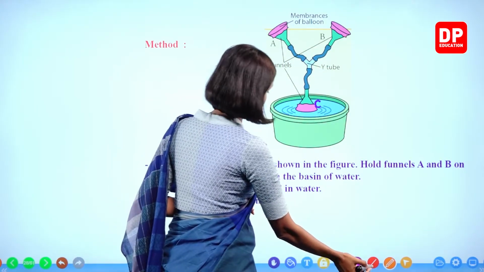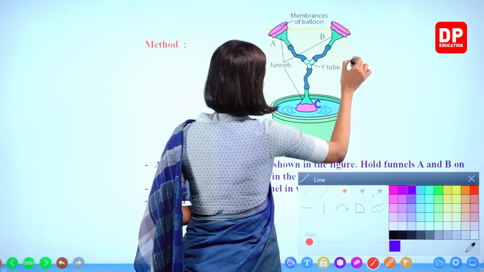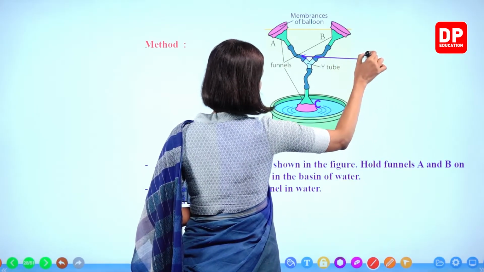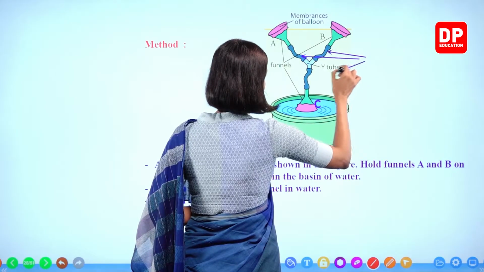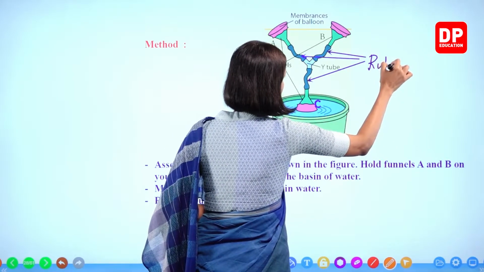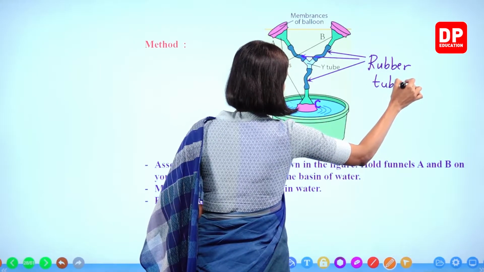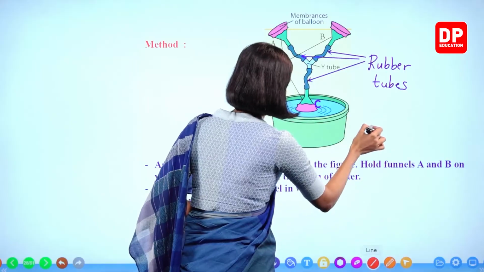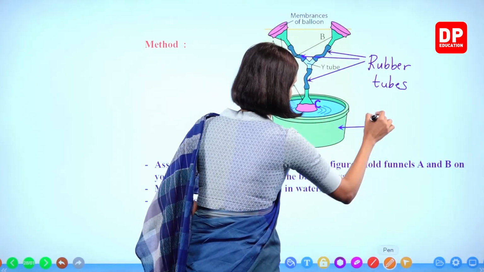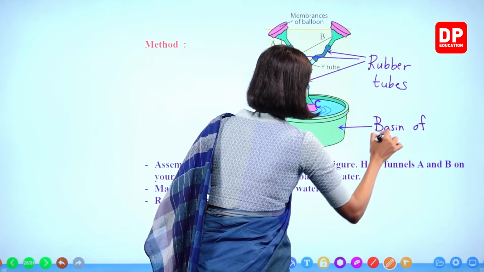We label that as well. These are the rubber tubes. Rubber tubes. And this is the basin of water. Basin of water.